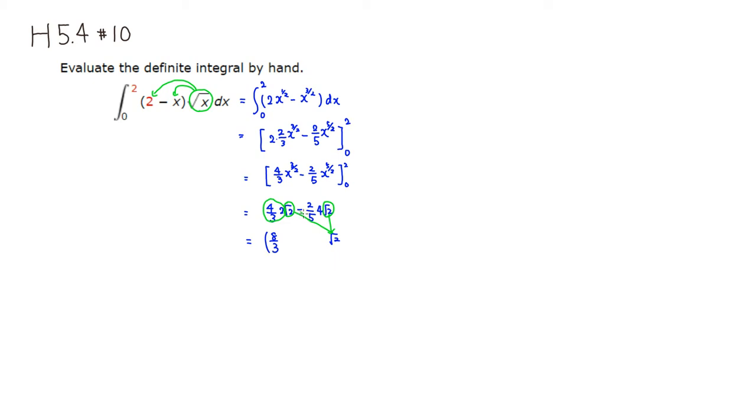Then you have a minus 8/5. Taking a common denominator, which is 15, 8 times 5 is 40, minus 3 times 8 is 24, times the square root of 2, which is equal to 16/15 square root of 2.